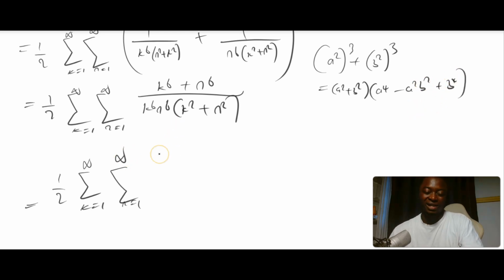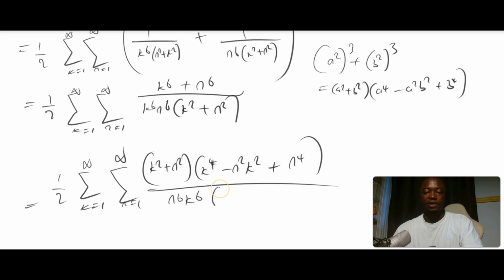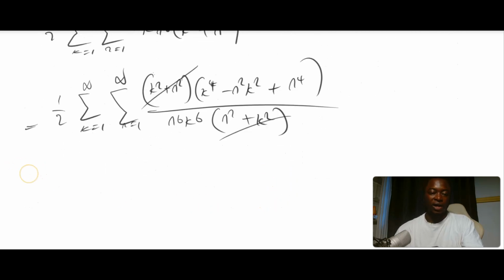So you write this as k squared plus n squared, times k to the 4th minus n squared k squared plus n to the 4th, all divided by n to the 6th k to the 6th times n squared plus k squared. So this gets cancelled out, and you have to deal with half of n runs from 1 to infinity and k runs from 1 to infinity of what?